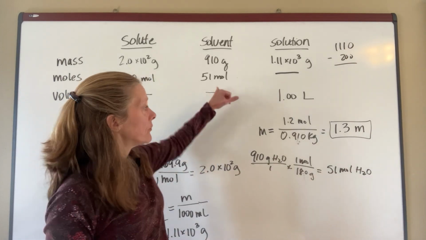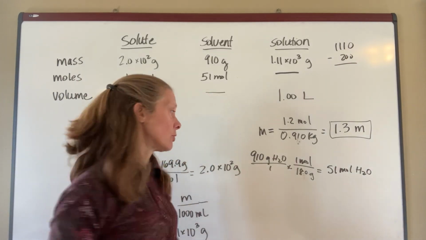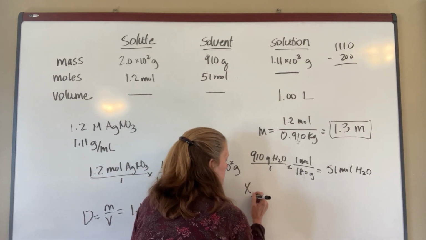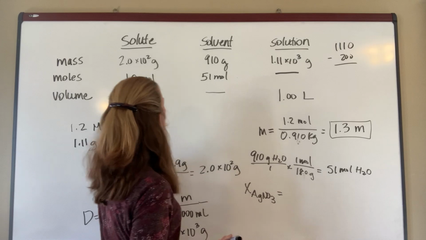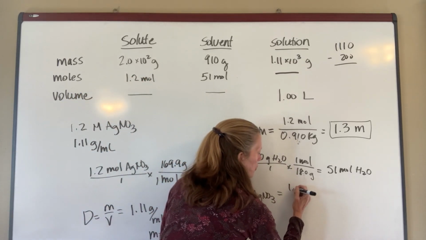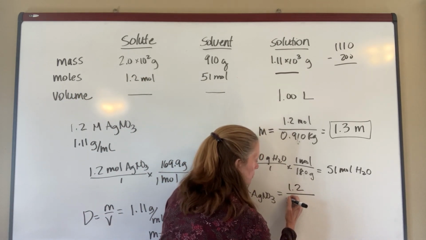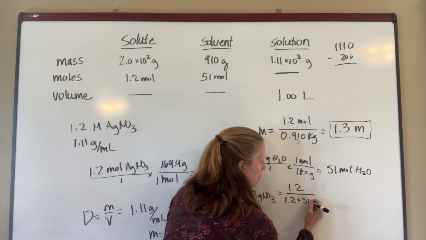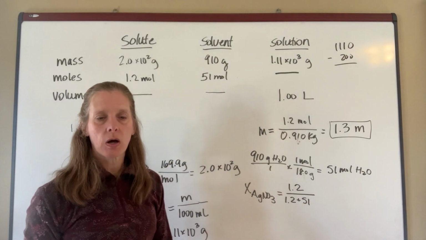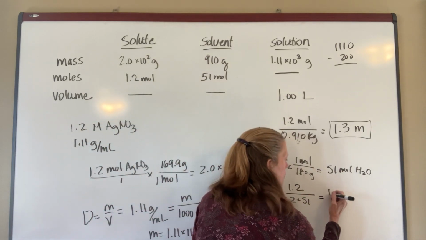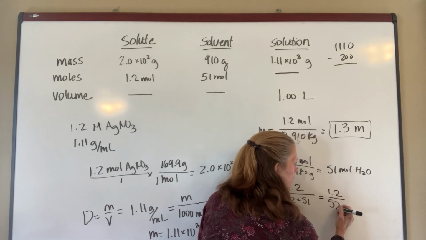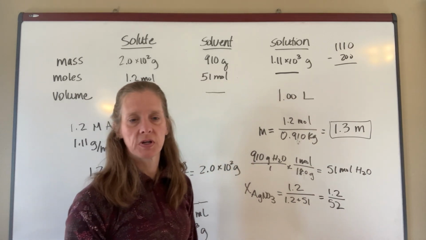Now that I know both of those, I can calculate the mole fraction. The mole fraction of silver nitrate is going to be 1.2 moles over 1.2 plus 51. Again, you've got to watch your significant figures there. So that's going to give you 1.2 over 52 to the correct number of significant figures.